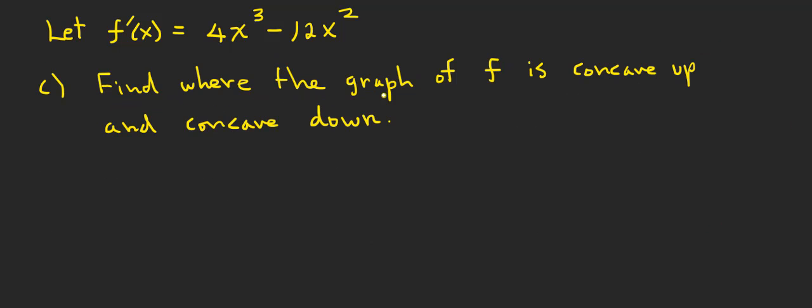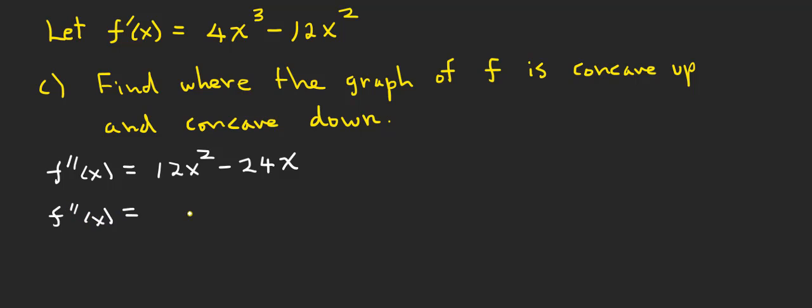And part C says find where the graph of f is concave up and concave down. In order to do that, we need to find the f double prime. So f double prime is 12x squared minus 24x. And let's take out the greatest common factor, which is 12x.